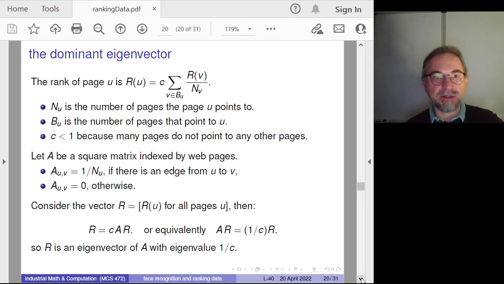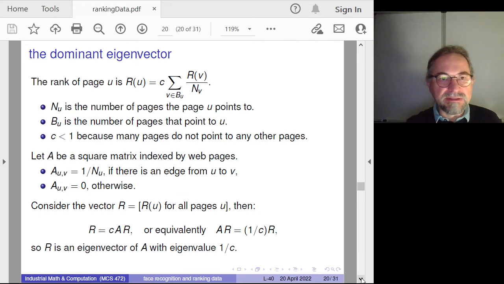I said that we can look at R as a function that gives for every page a score, but you can also see this as one vector. So you can consider this as one column, and one can then see this definition as having at the left one column vector, and at the right a matrix vector multiplication.